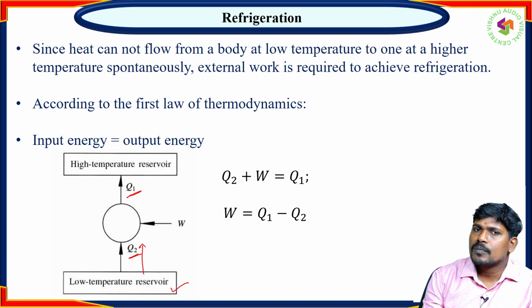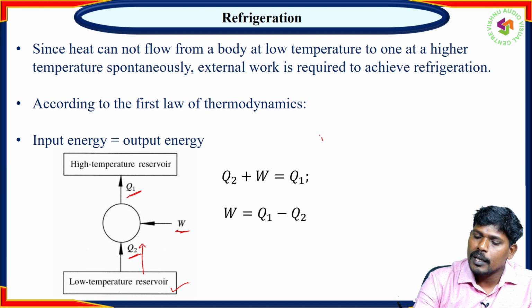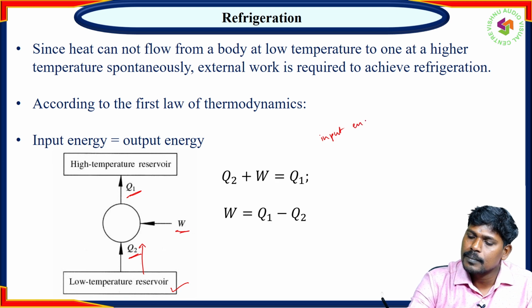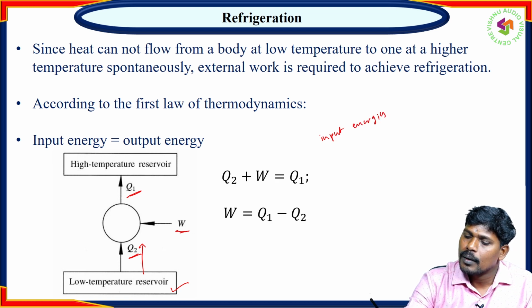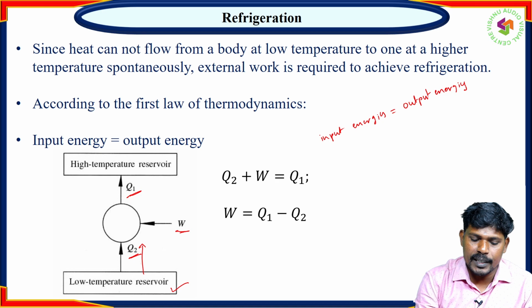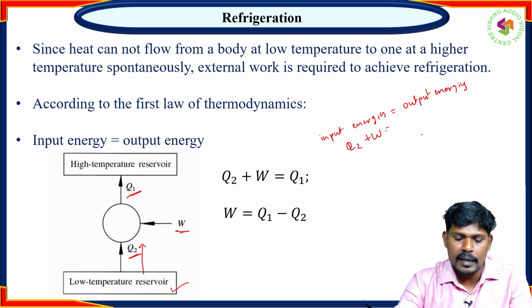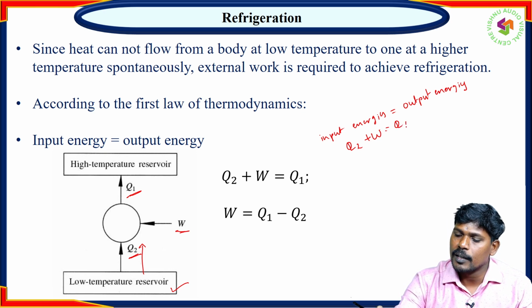To do that, we need to do work, that is W. According to the first law of thermodynamics, input energy is equal to output energy. The inputs are Q2 plus W, which is equal to Q1.